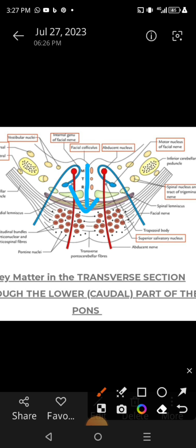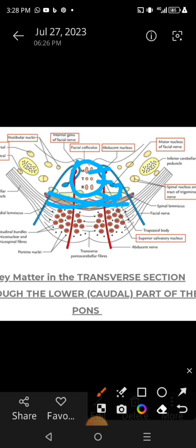How? You can see in the very center the rubrospinal, the tectospinal and the medial longitudinal fasciculus. These make the white fibers or white matter. Okay, and the fibers of the trapezoid body are also a part of the white matter here. And an important thing is that you can see the spinal lemniscus present here.